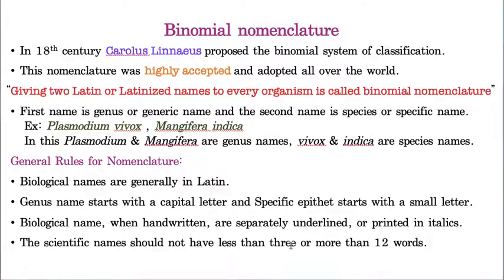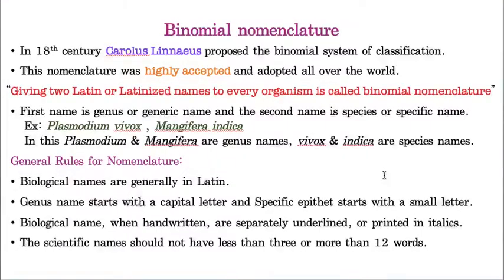It may be 6, 7, 10 or 11, but it should not exceed 12 alphabets, and it should not come down below 3. Hope you understand. So these are the rules used to give binomial nomenclature, and as I already told, binomial nomenclature was proposed by Carolus Linnaeus.